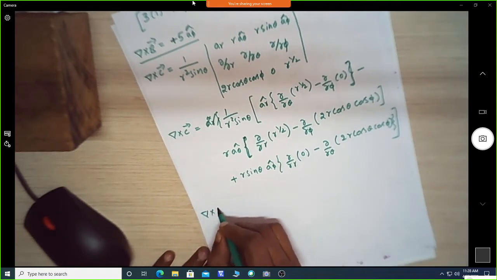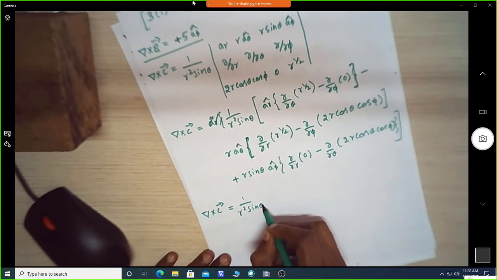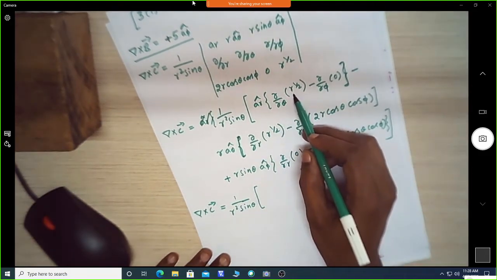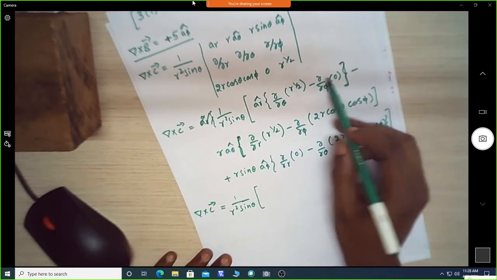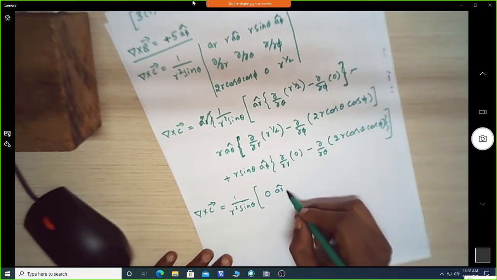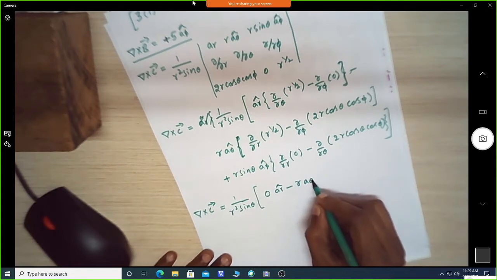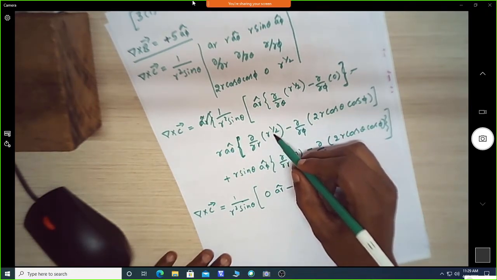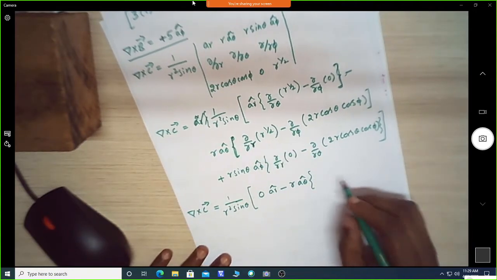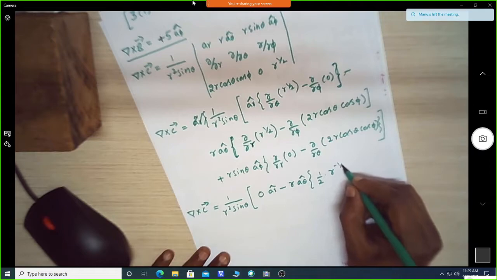Now we can evaluate this, which is equal to 1 by r square sin theta into, with respect to theta this will be 0 and this will be 0, so the AR component will be 0. So 0 into AR component minus, now the derivative of r power half with respect to r is 1 by 2 into r power minus half.